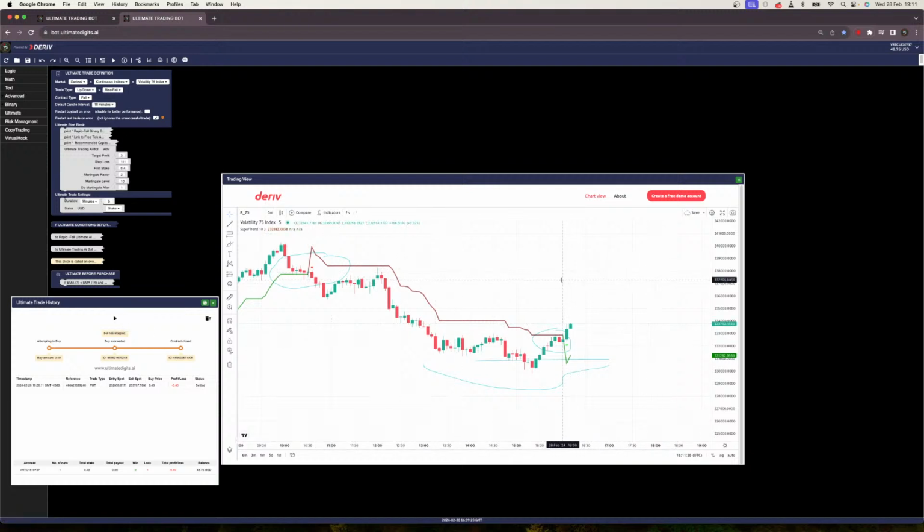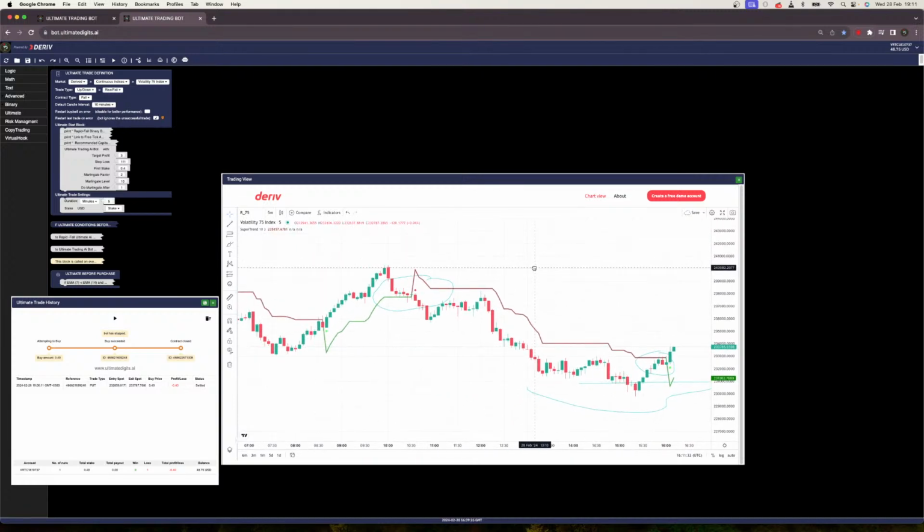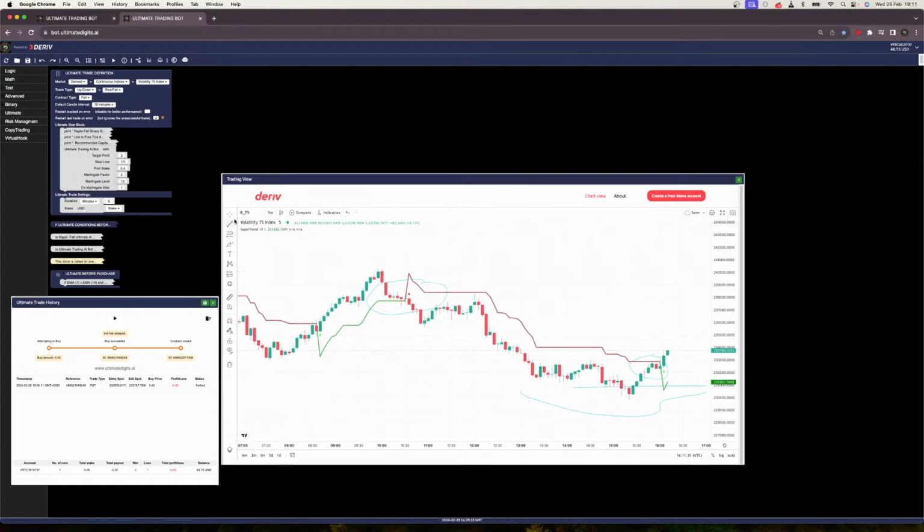So the most optimal point you could have run this bot is at the first break of the 5 minutes trend, which would have been around this area when price broke and continued on a downtrend. So that was around this area here.